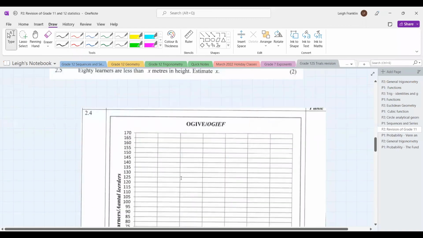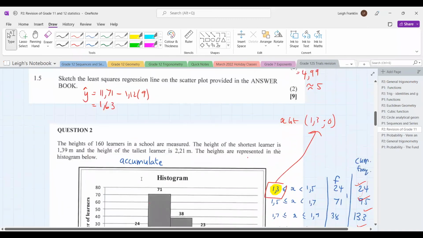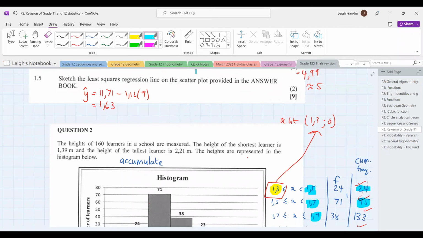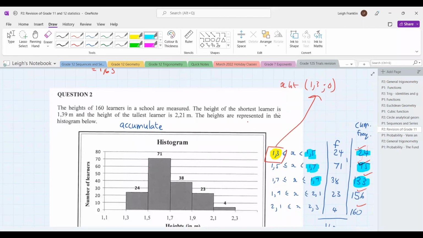Then what we're going to do is plot our upper extremity over here against our cumulative frequency. So we're going to plot 1.5 against 24, and 1.7 against 95, and 1.9 against 133, and then 2.1 against 156, and 2.3 against 160.